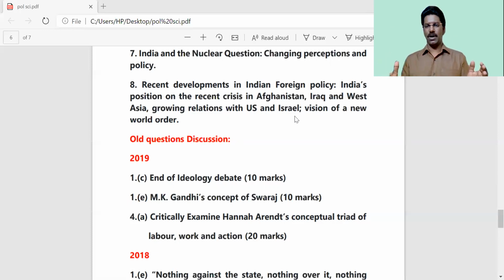Out of 1000 marks in GS, minimum 250 in Paper 2, adding Paper 4 some more, 300 up to 350 sometimes, and adding another 250 from the essay. One question is a minimum of 125 marks. Sometimes it may go up to 250 marks also, like last year. So this is the way it reduces the burden of students at the maximum level when I'm comparing with any optional paper.